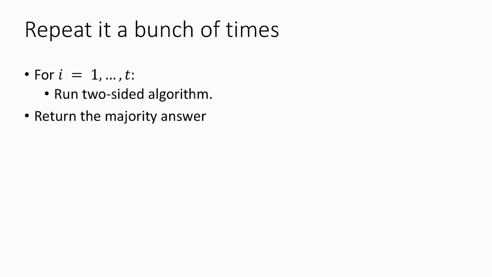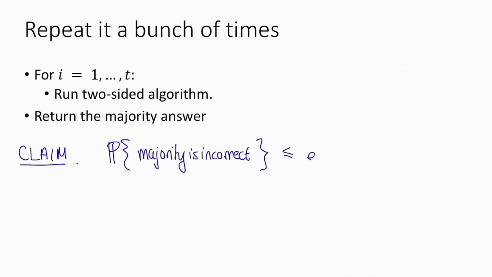So I claim that this also successfully boosts the success probability to something really big. More precisely, I claim that the probability that this majority vote is incorrect is at most e to the minus 2t epsilon squared. I'm not going to prove this claim right now. The proof is a bit of a tedious computation. You can see it in the lecture notes if you're curious.